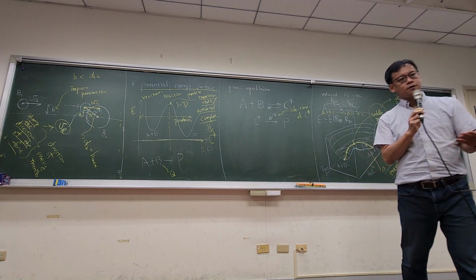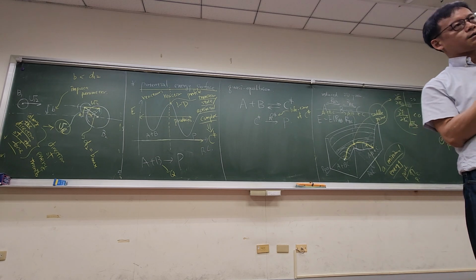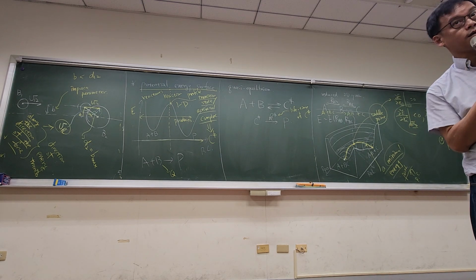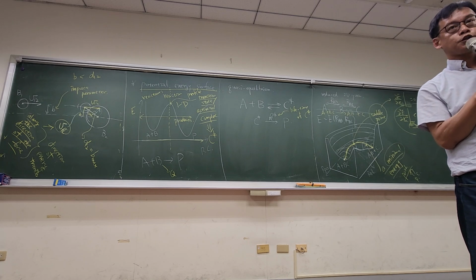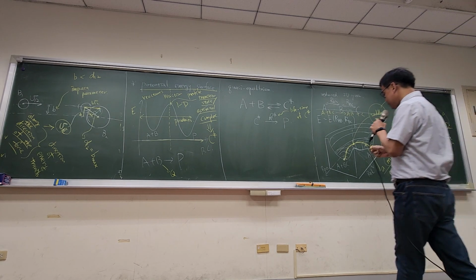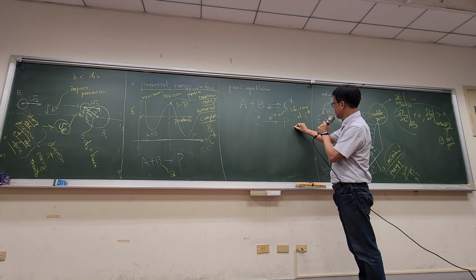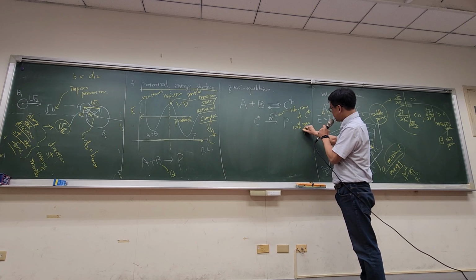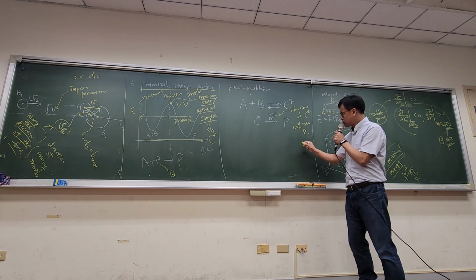And in principle, C can decay into either product or return. You can go back to return, but we assume we always go to product. So 100% into product. No back reaction.